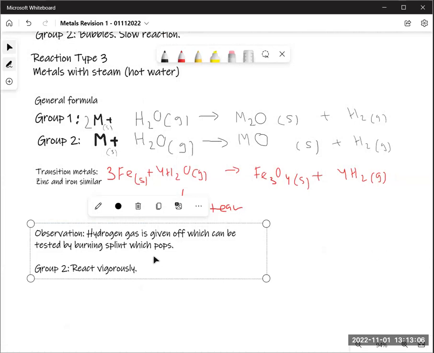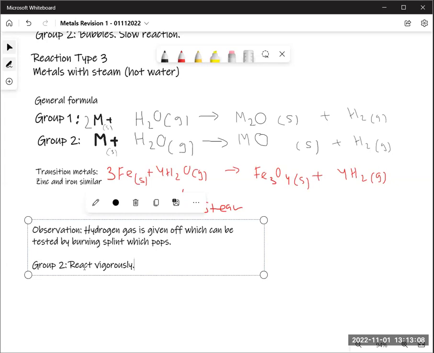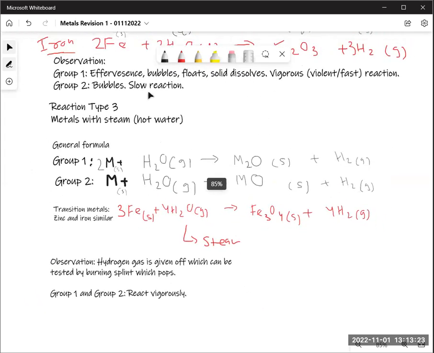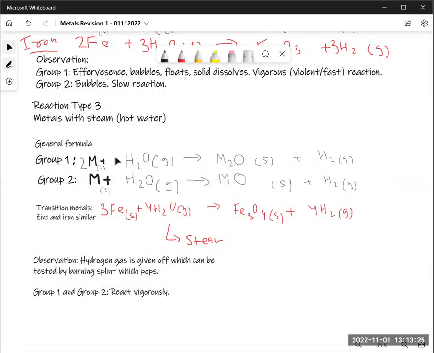That's it. Group 1 and group 2. Well, we know that group 1 is reactive. Group 2 is less reactive. So with cold water, they don't react. They have a slow reaction. But with hot water or steam, they have a very fast reaction, vigorous. Just like group 1 in the cold water part.